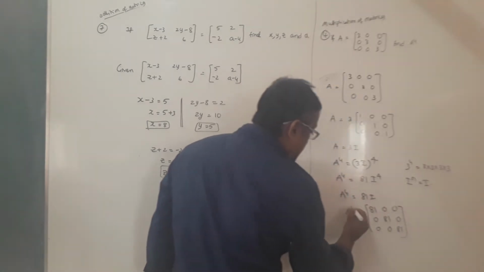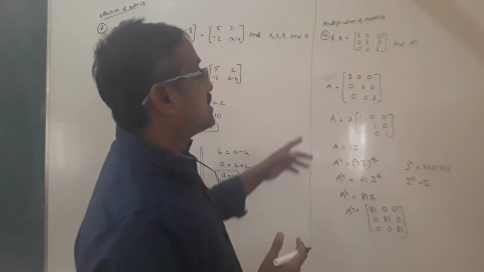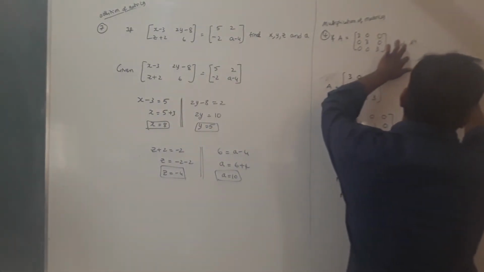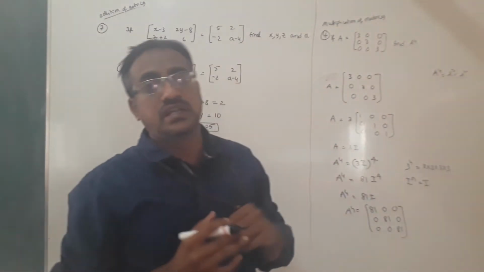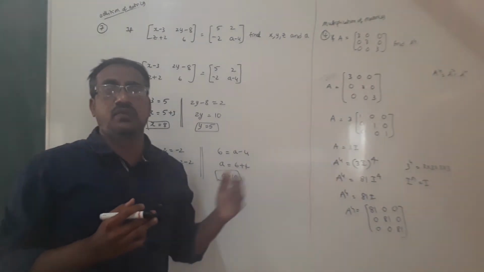That is the result. Otherwise you can find this answer by using A power 4 is equal to A square into A square, but before that you have to find A square as A into A. Very very important problem.